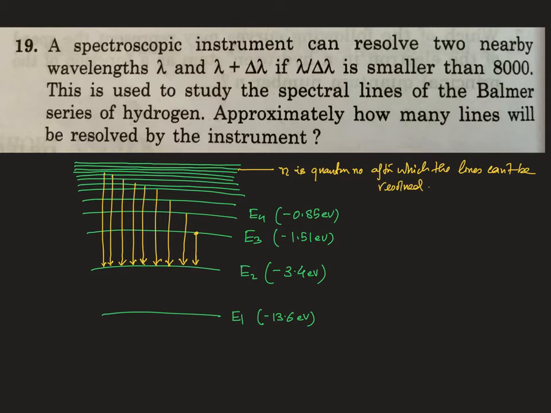Suppose one electron jumps from n to 2, level 2. Suppose the wavelength is lambda.